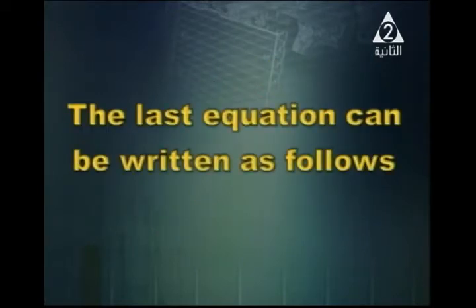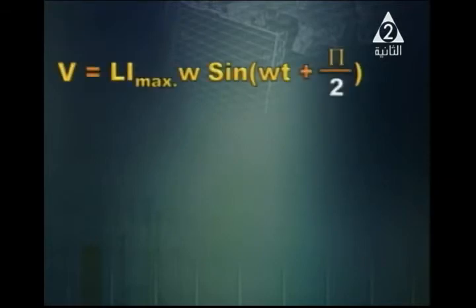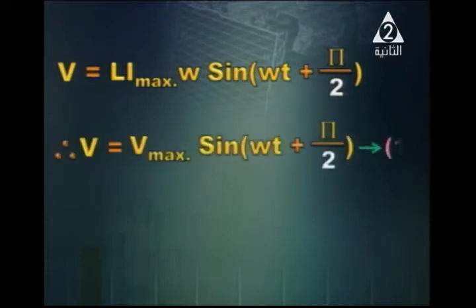The last expression can be written as follows. Cosine will be replaced by sine, and we'll add pi over 2. So V is equal to omega L I maximum sine of omega t plus pi over 2. So V equals V maximum sine omega t plus pi over 2.